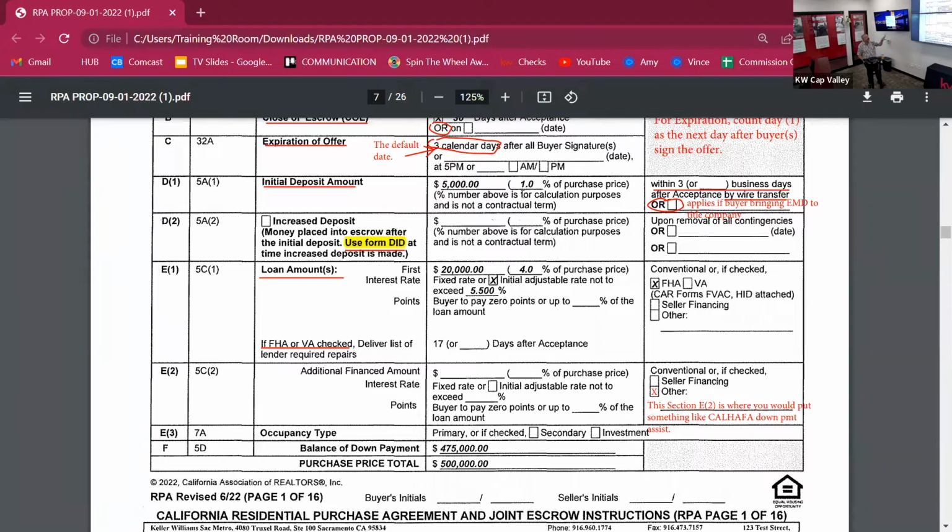Prior to the last version, all the agents used to do when they represented buyers is have the buyer complete a check for the earnest money deposit, and they would write on the payee line, saving a little space on the left side, and on the right side they would write title company.